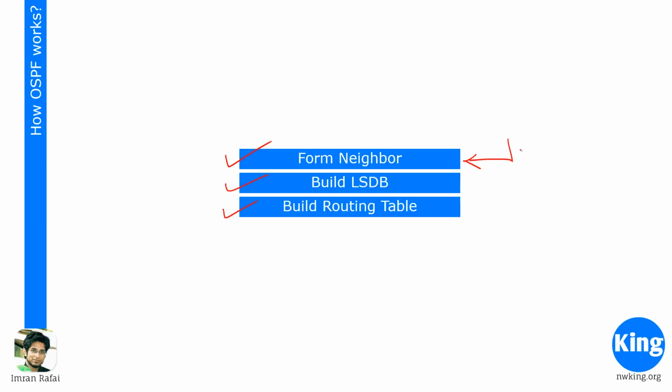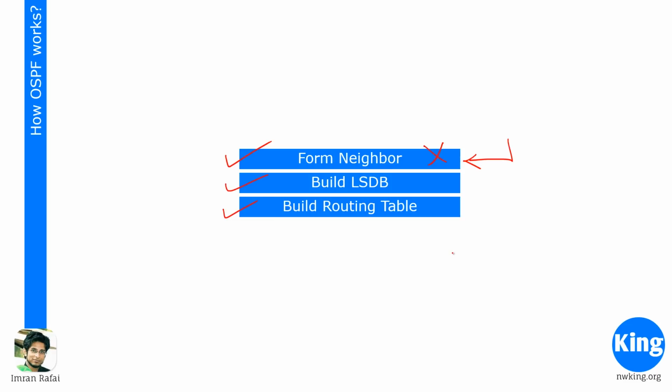So if your wildcard masks are not matching, if your subnets are not matching, if your authentications are not matching, neighborship will not form. So one of the major things in OSPF troubleshooting that you would be doing is to check why neighborship is not forming. If neighborship is not forming, you need to know what are the parameters that need to match for the neighborship to form, right? So that's where you should concentrate.